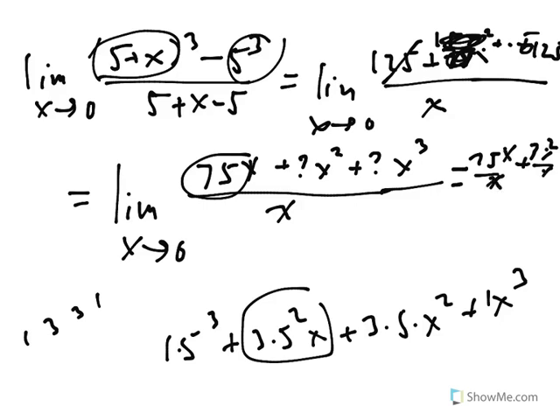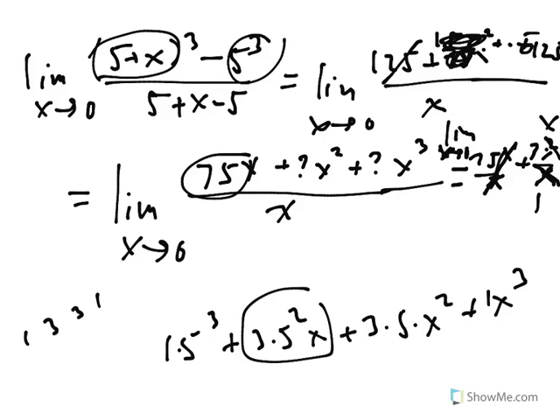The reason why it wouldn't matter, I should keep writing limit as x goes to 0. This 75x over x, the x's would cancel out, whereas in these other things, you'd have an x squared over x, so even though you canceled out the x, you'd still end up with an x on top.